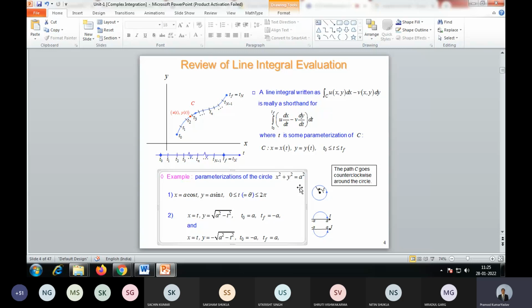If we consider the plus sign, it means we are moving in the anti-clockwise direction, from a to minus a. I will mention the point. But if we consider minus square root of a square minus t square, so y is in the negative direction, and we are going to move from minus a to a.